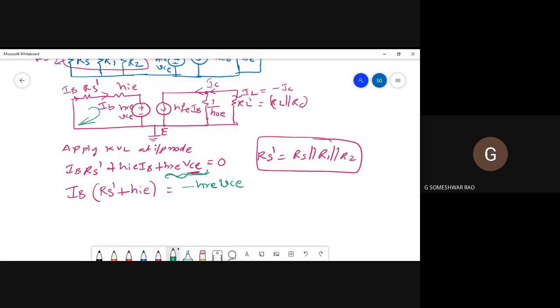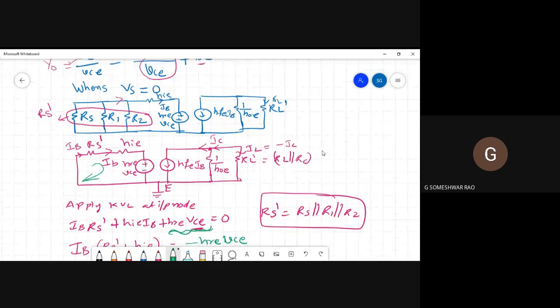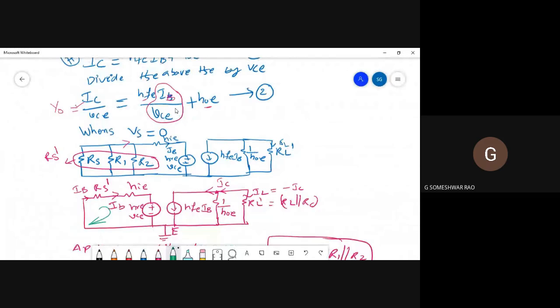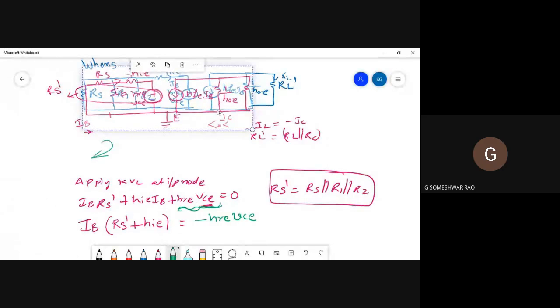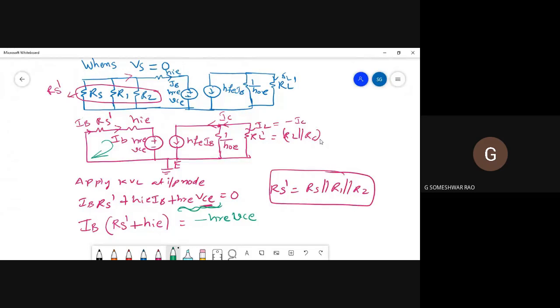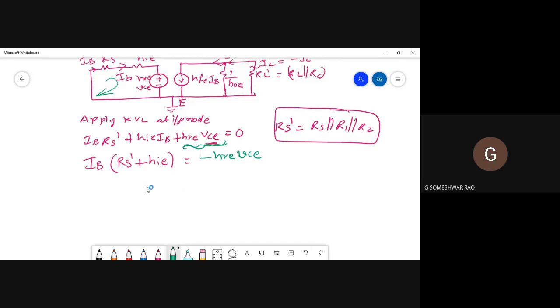Now what are we interested in? Just go through equation 1. When I go to equation 1, equation 2, IB by VCE is what we are interested in. So let me derive this. That means IB by VCE is equal to minus hre by RS dash plus hie.